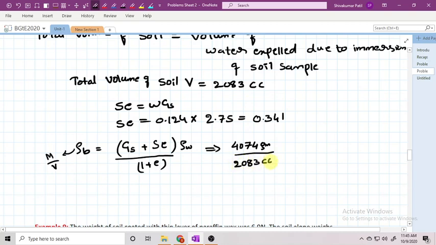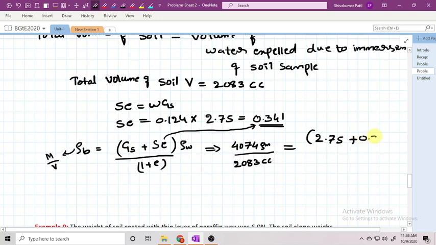So 4074 divided by 2083 is equal to, what is specific gravity? Specific gravity is 2.75, plus, what is S e? S e is here 0.341.